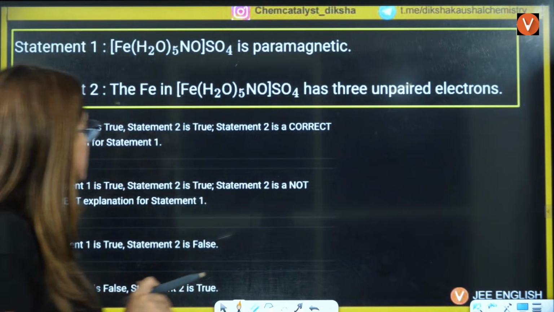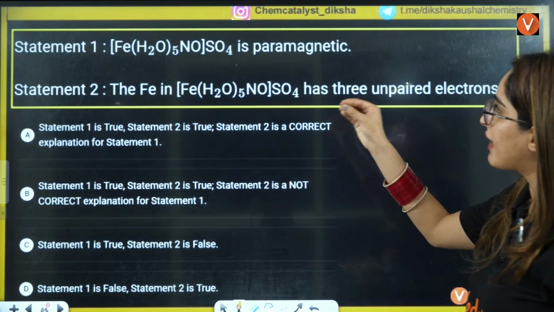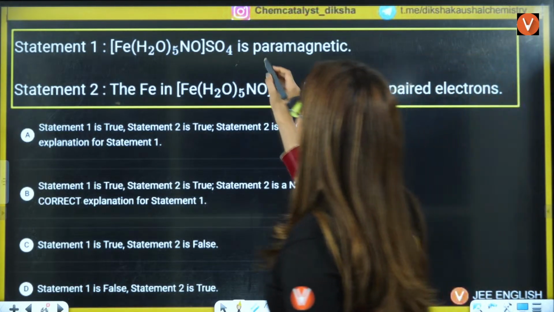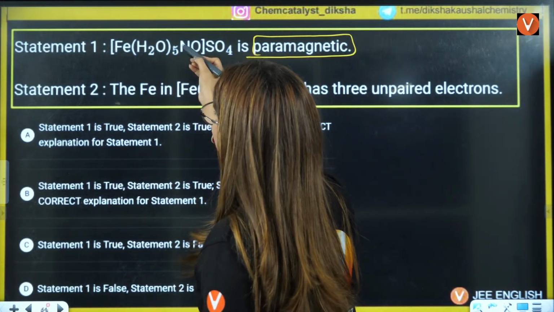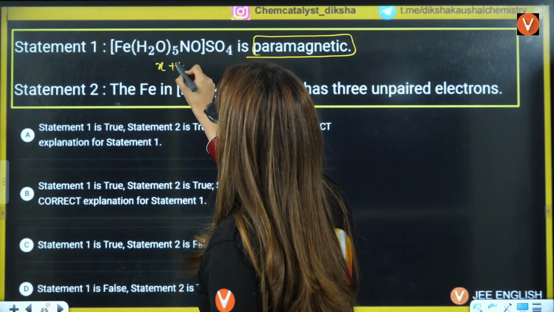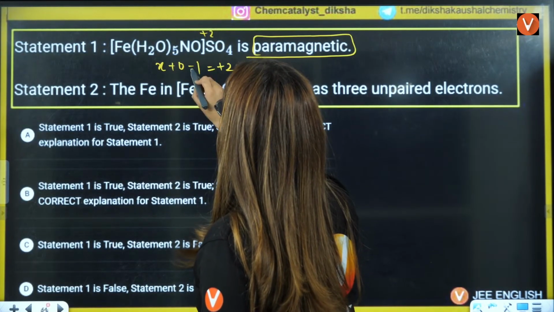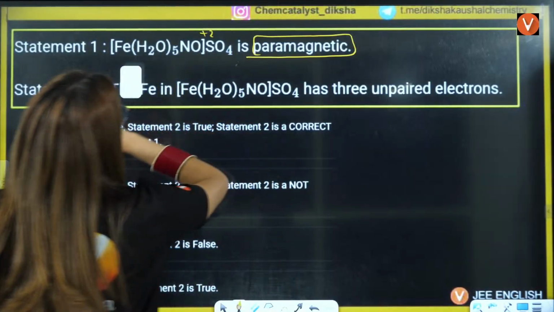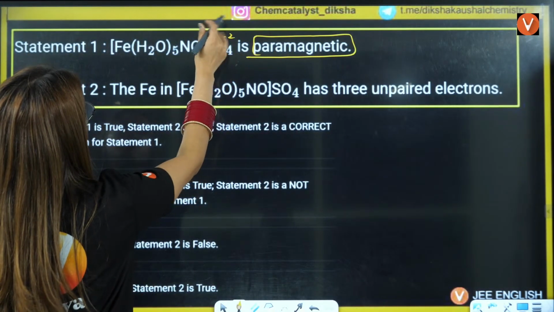Next is you have FeH2O5NOSO4, which is paramagnetic in nature. For paramagnetic, you should know the number of unpaired electrons. If you find the oxidation state, that will be X plus 0, minus 1, that will be plus 2. Wait a minute. N is also, this will be minus 2, this will be plus 2 here.